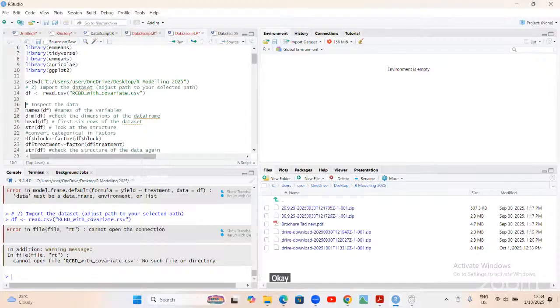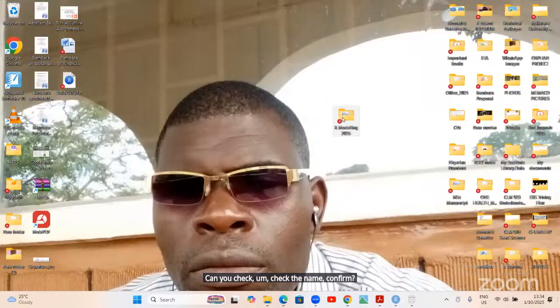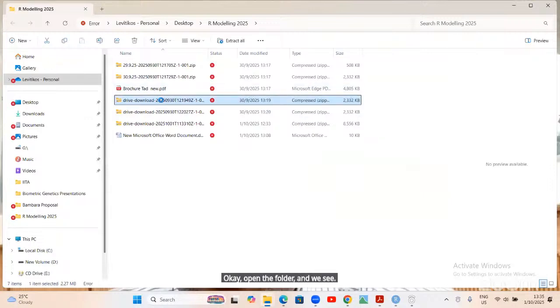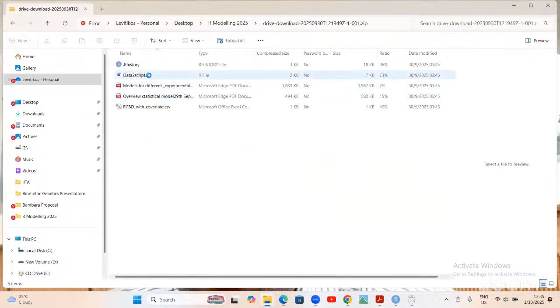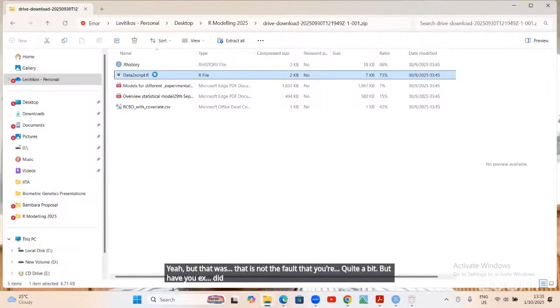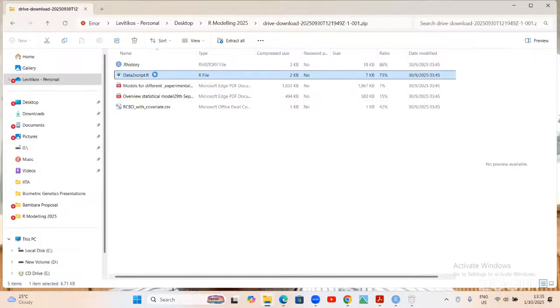Can you check the name and confirm? Open the folder and we see. That is here. But that is not the folder. Wait a bit. Did you extract that? Maybe I don't even know how to extract it.